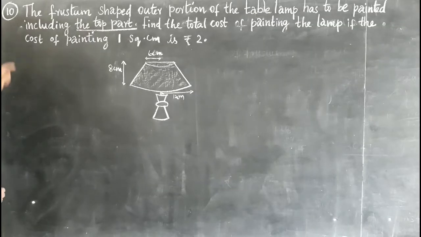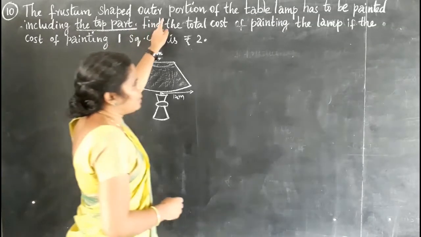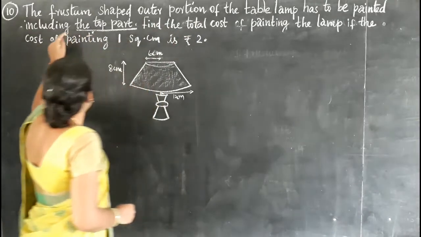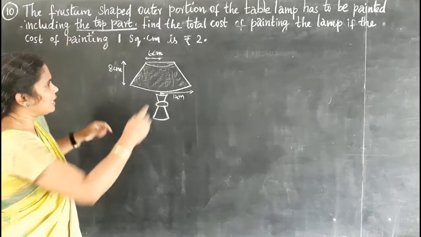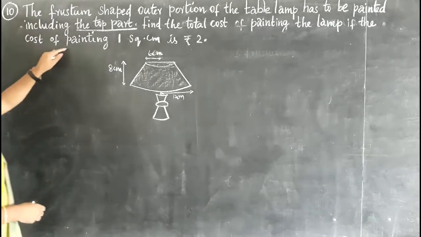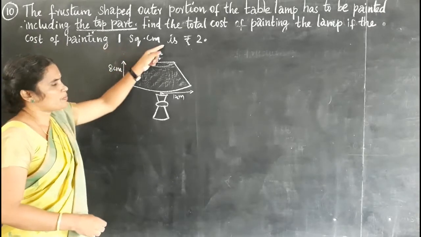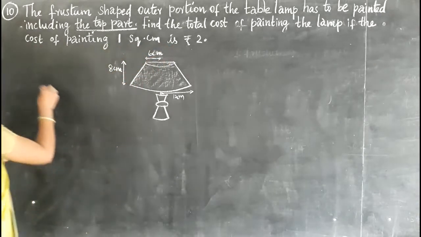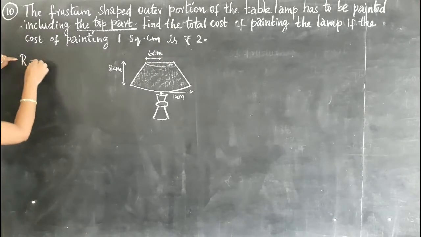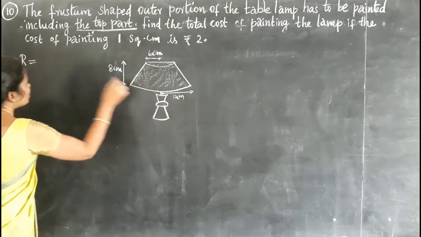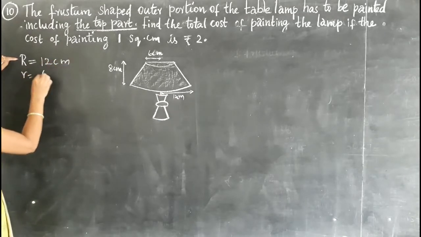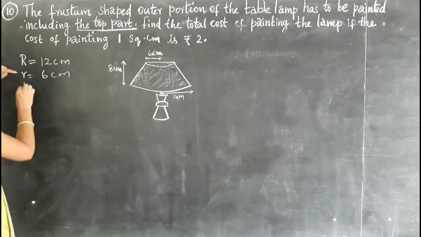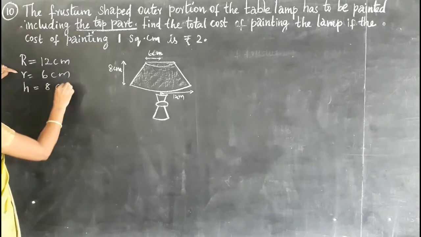Question number 10. The frustum shaped outer portion of the table lamp has to be painted, including the top part. Find the total cost of painting the lamp if the cost of painting 1 square centimeter is rupees 2. Here capital R is 12 centimeter, small r is 6 centimeter, h is 8 centimeter.